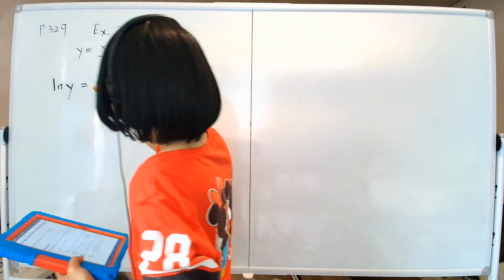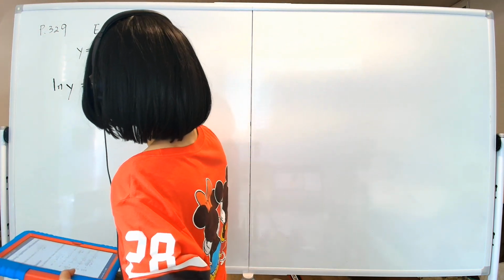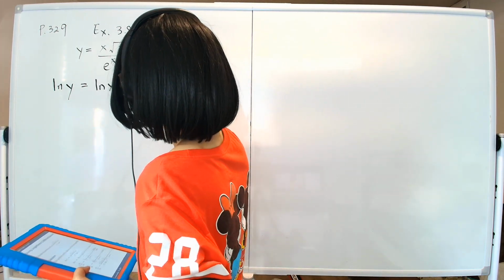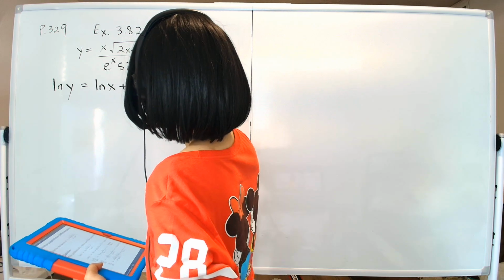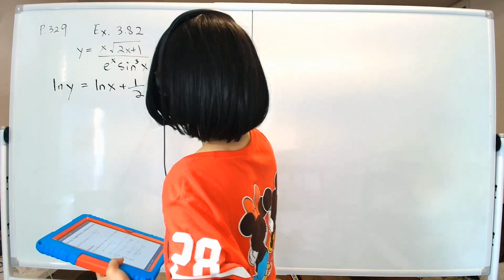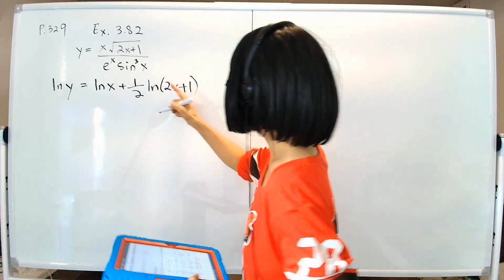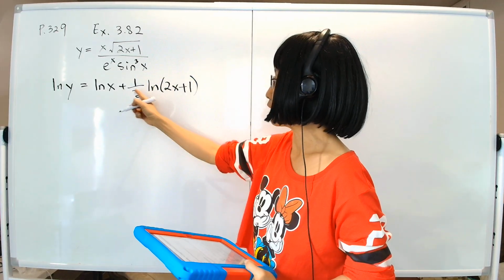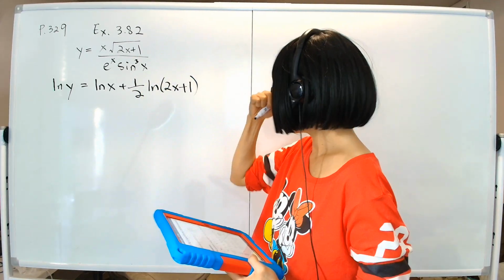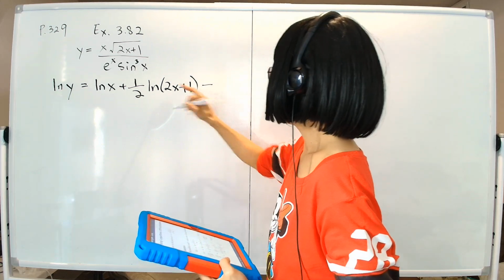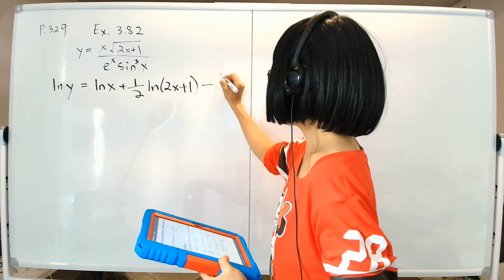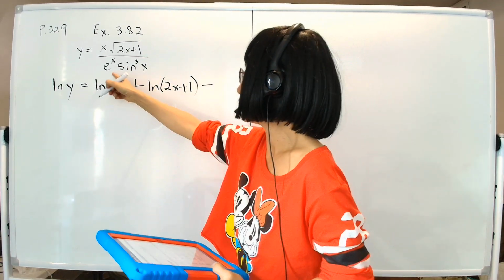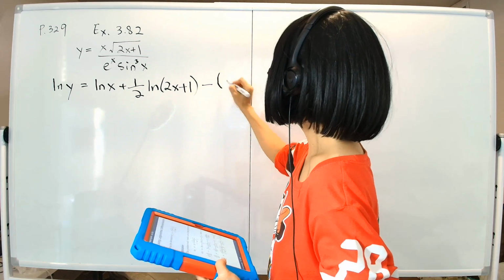Okay, so this translates into natural log of x plus 1/2 natural log of 2x plus 1, because the square root is the same as the power 1/2, which I put in front. And then minus the stuff down here, which is the natural log of e to the x, which is just x.